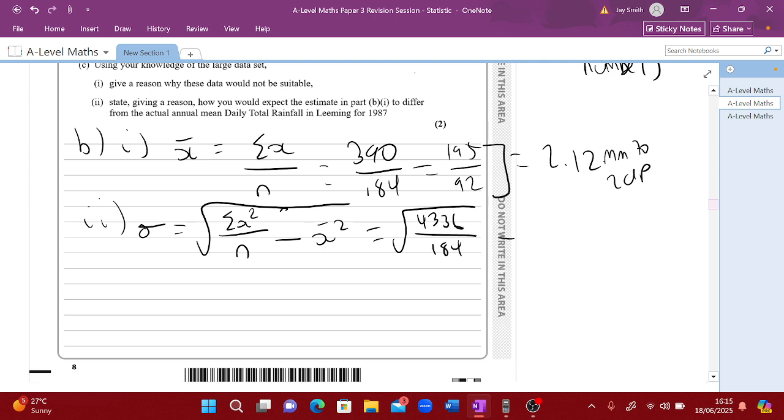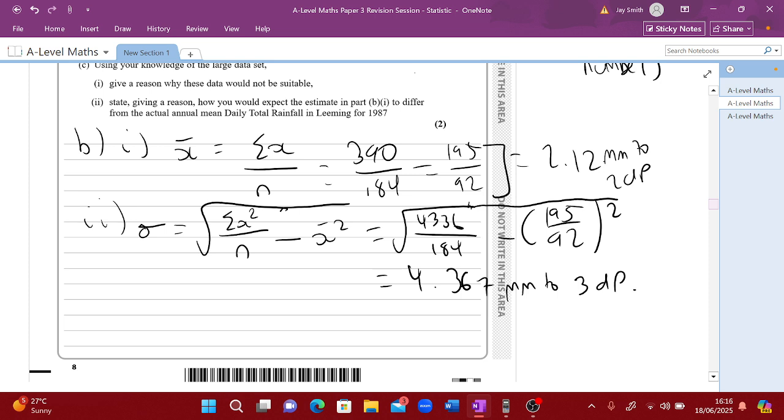Now the exact mean value was 195 over 92, all squared. Remember that's sum of x over n. And so we put that in the calculator, and we get this number here, 4.367 millimeters to 3 dp, I'm going to say.